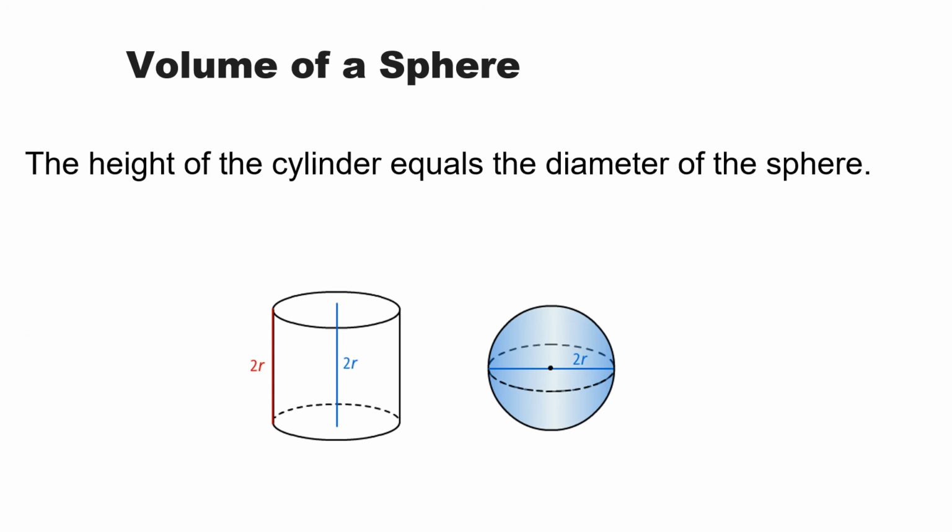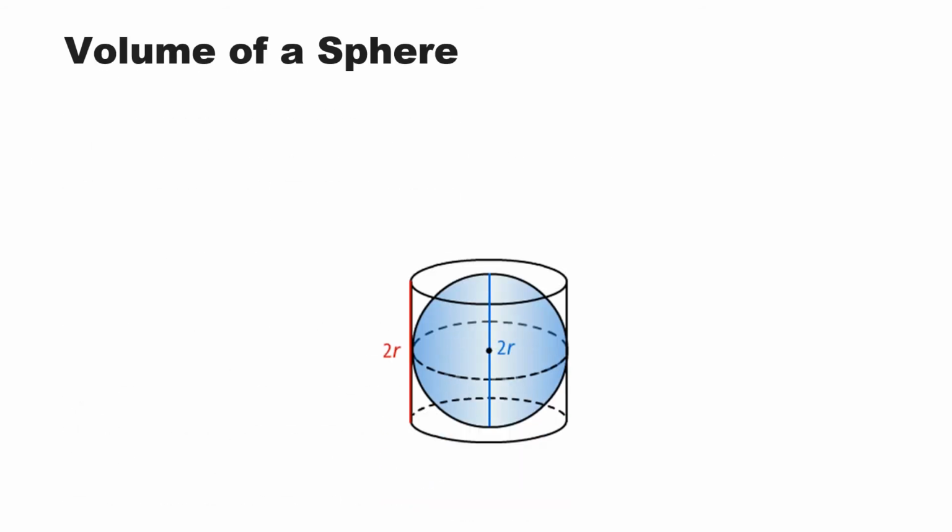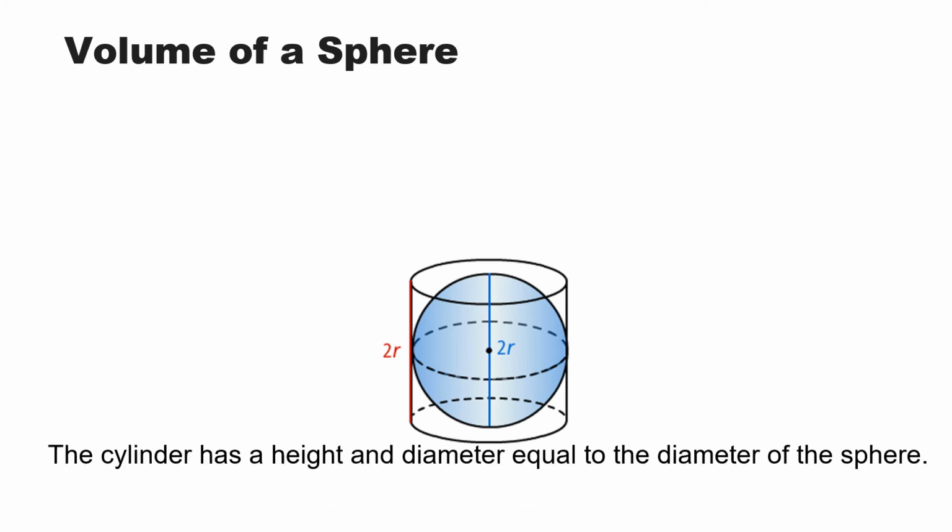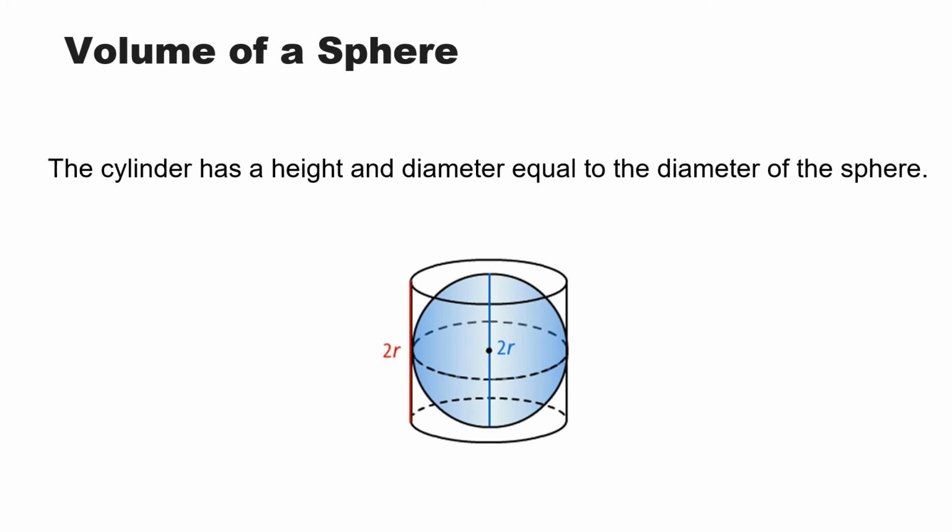The height of the cylinder equals the diameter of the sphere. What can we conclude when we place the sphere inside the cylinder in terms of its height and diameter? That's right. The cylinder has a height and diameter equal to the diameter of the sphere.